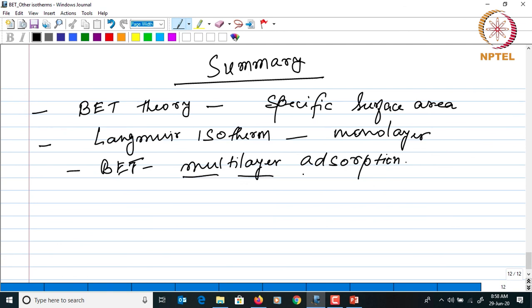And considering this multilayer adsorption, the Langmuir isotherm is accordingly modified to obtain the BET isotherm, and from there we can obtain the specific surface area of a powder. And in order to do that, all you need to do is basically measure this monolayer capacity, or the amount of gas which is adsorbed at the monolayer coverage.